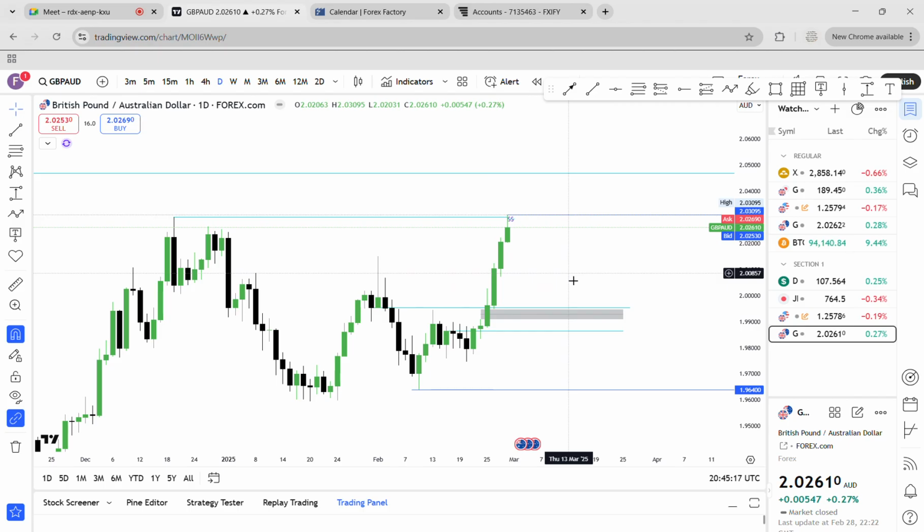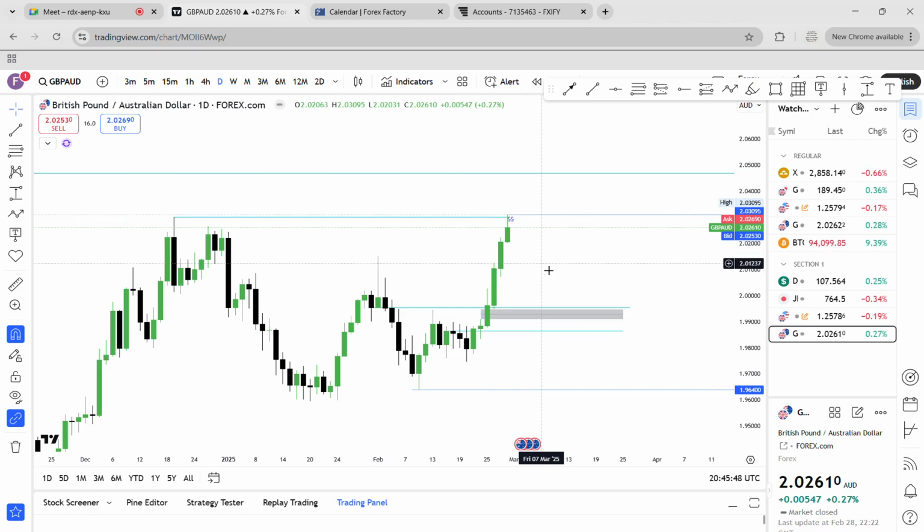And if the market is balanced, what does that mean? It means that buyers and sellers are participating in this market. This is simple. This market needs to be balanced. And when the market is balanced, what does it do? It consolidates, right? Buyers and sellers are participating in this market right now.